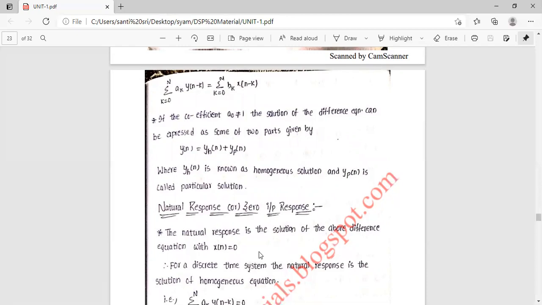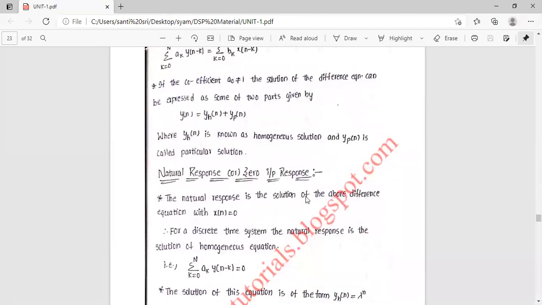Next, coming to the natural response or zero input response. The natural response is the solution of the above difference equation with x of n equal to 0.